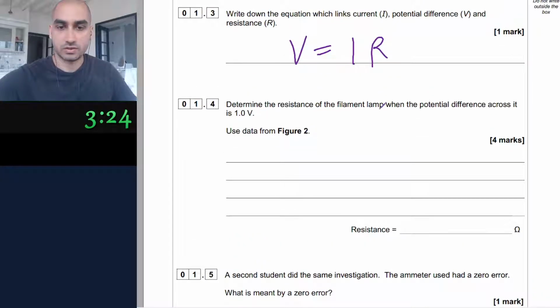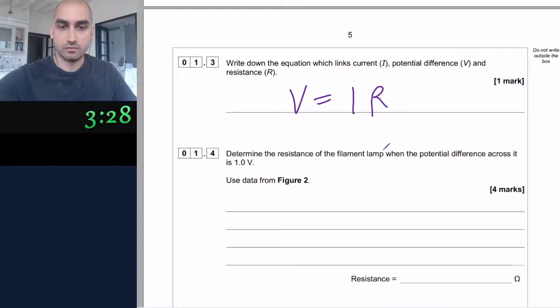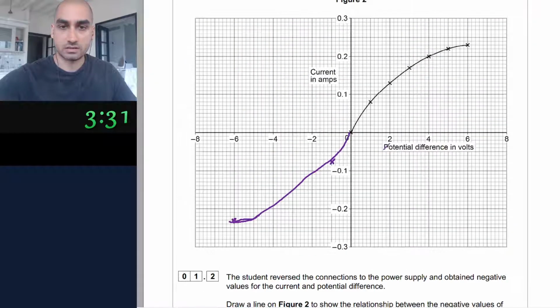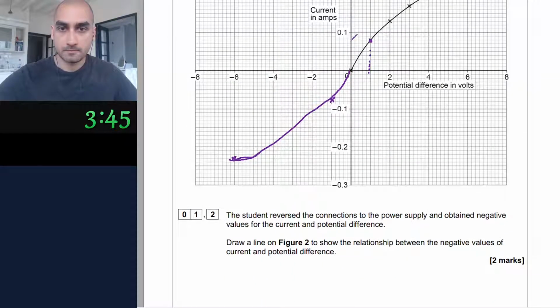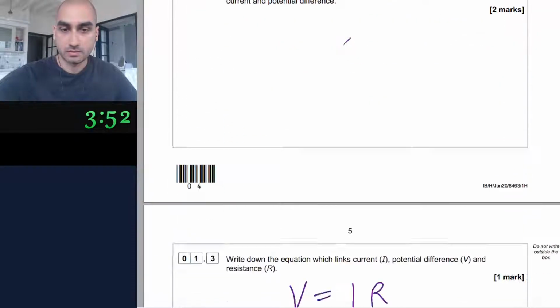So we just want... So 1 volt gives us... 0.8. 0.08.